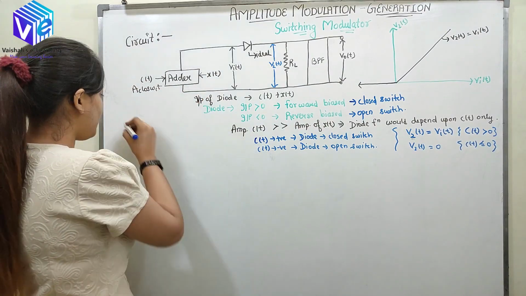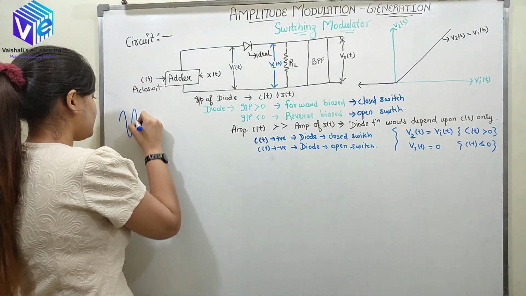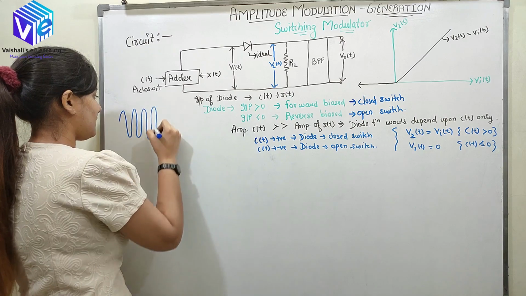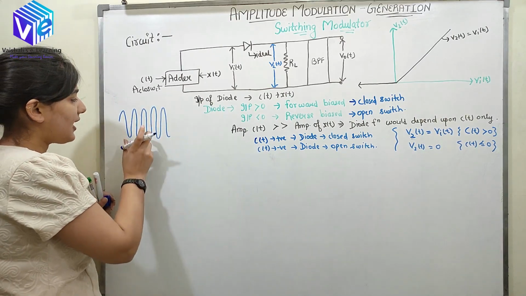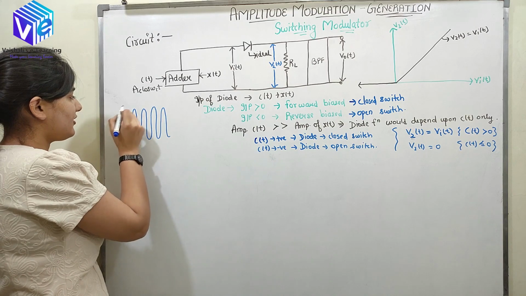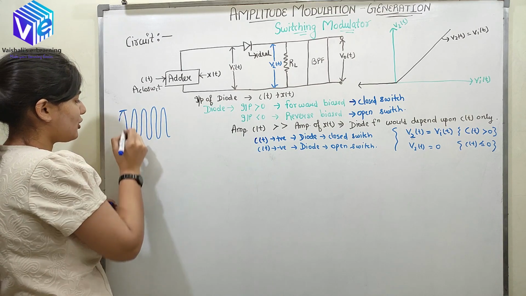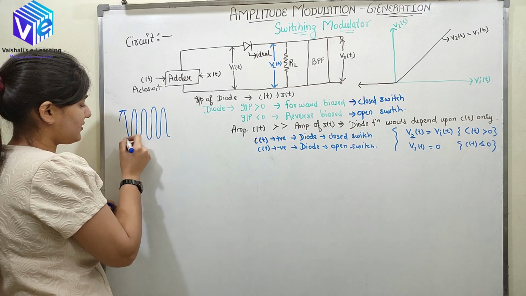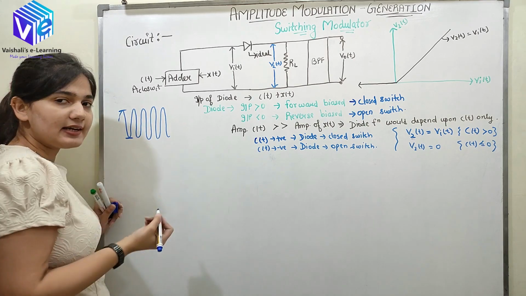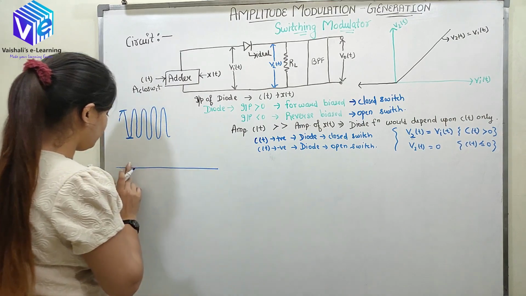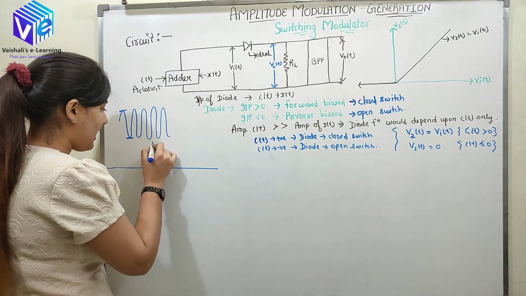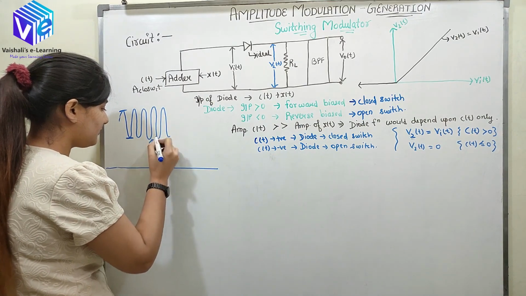I hope you remember, this is my carrier signal, which has a very high frequency. The diode is forward biased when the carrier is positive, and reverse biased when the carrier is negative. If I represent the functioning of the diode, I'll have a pulse.